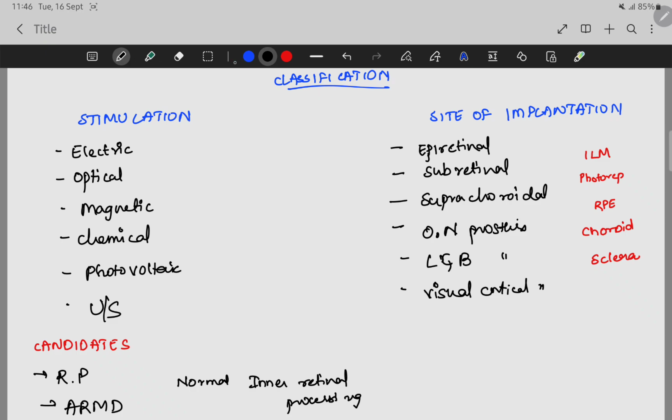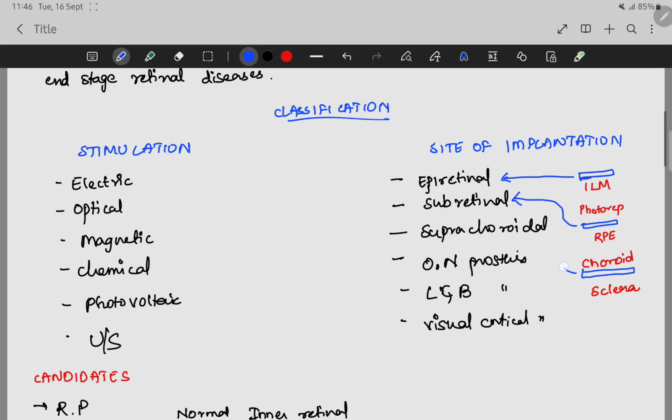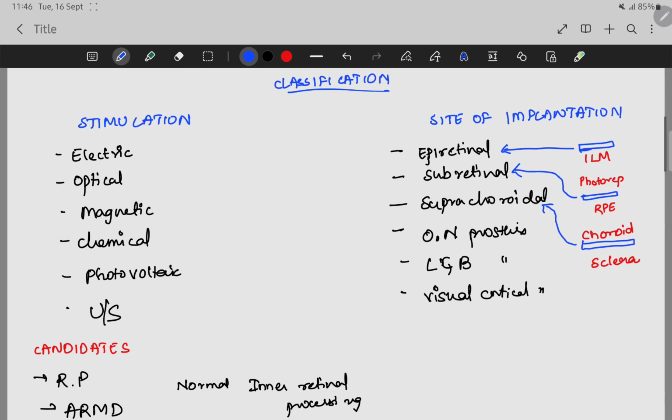So this epiretinal is located above the ILM. Subretinal is above the RPE. And suprachoroidal is between the choroid and the sclera. Okay.